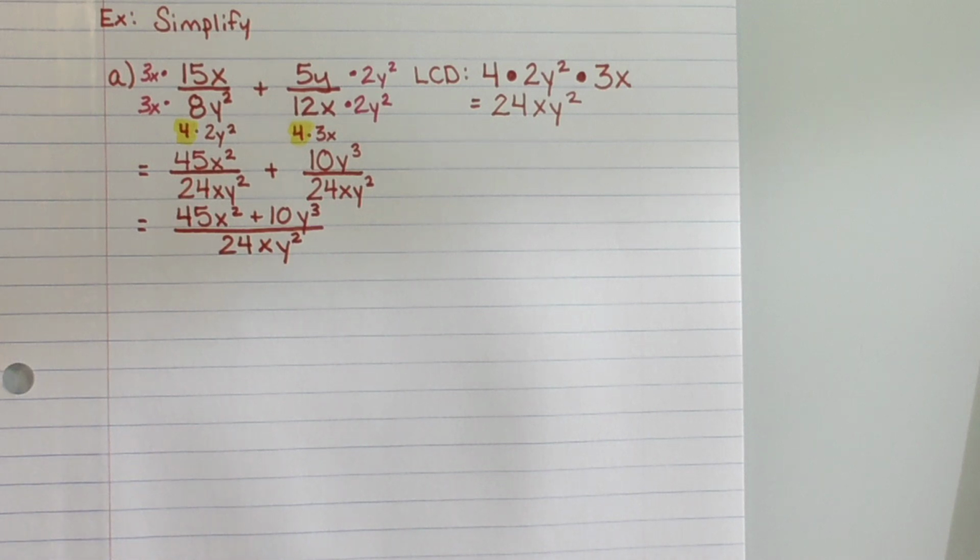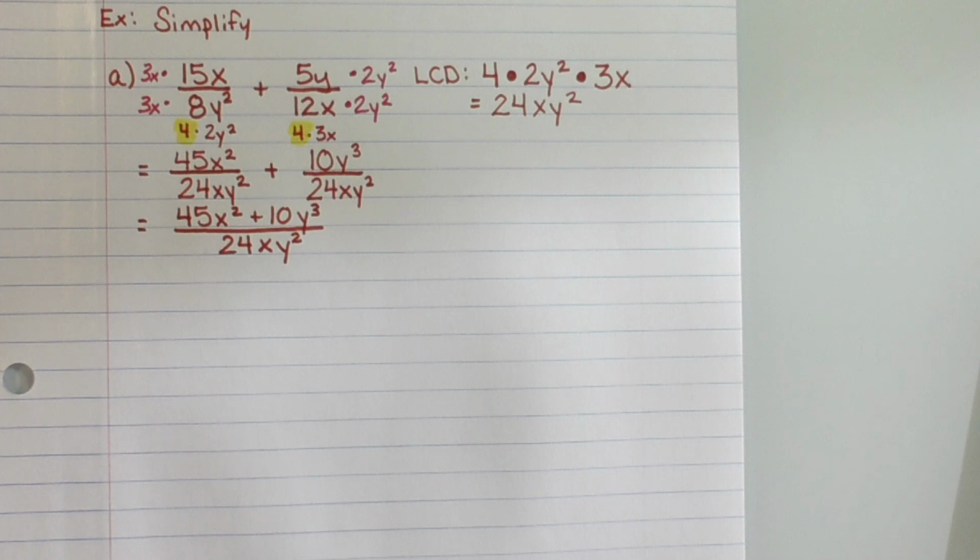Once I've added across the top, I combine like terms. What do we get when I combine like terms? 45x² plus 10y cubed. They are not like terms. Then what?